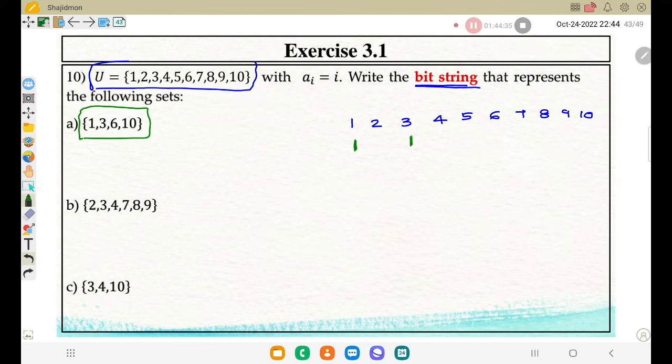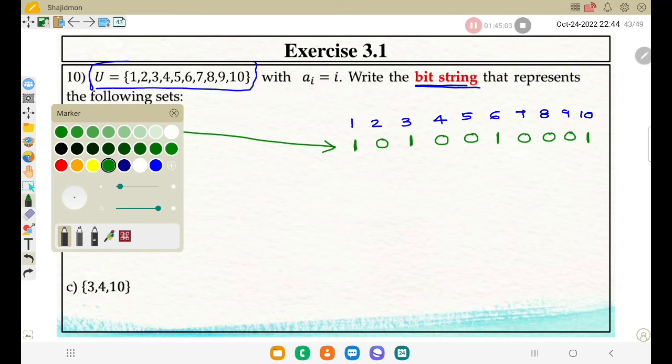Instead of 3, you can put 1. 6th position, you can put 1. 10th position, you can put 1. All other position, 0. So, 2nd position, 0. 4, 0. 5, 0. 7, 8, 9, 0. So, this is the bit string representing set 1, 3, 6, 10.